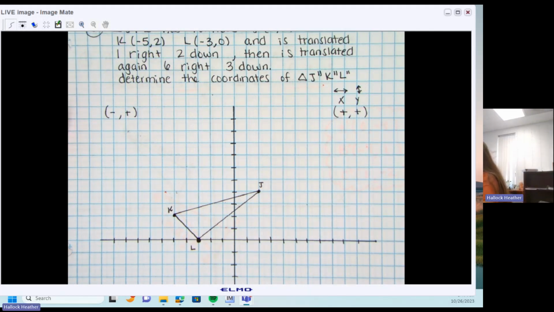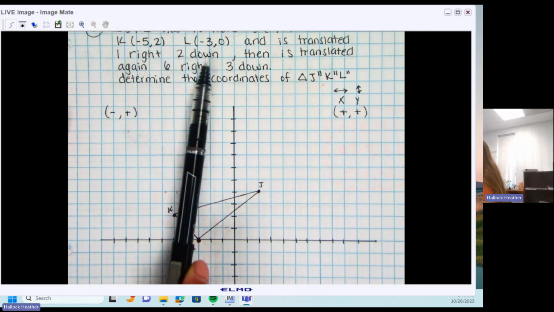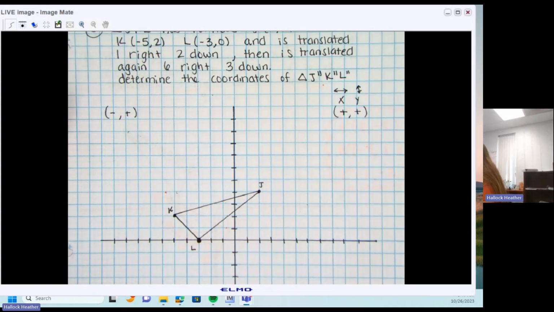The first transformation is 1 right and 2 down. So I'm going to transform it 1 time. Each coordinate point is going to go 1 right and down 2. That's going to represent transformation 1, so it'll be J prime, K prime, L prime.